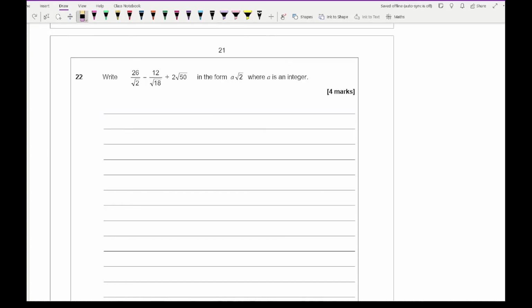So looking at question 22, it says write 26 over root 2 minus 12 over root 18 plus 2 root 50 in the form a root 2 where a is an integer. So this is quite a complex surds question. Now me personally, I would always try and think of simplifying any surds that is possible to simplify.